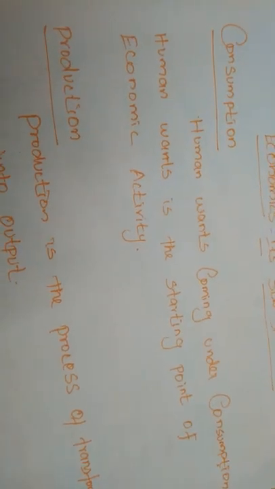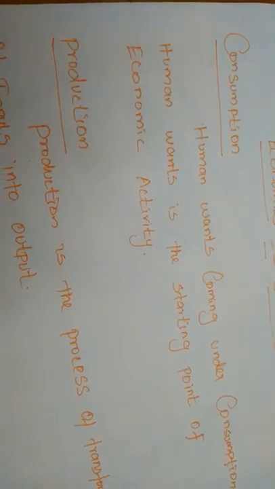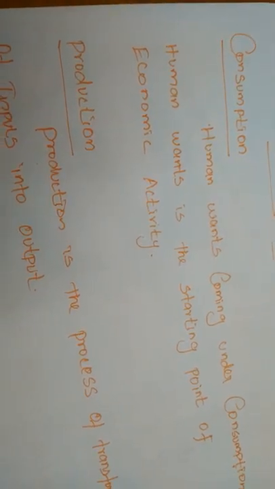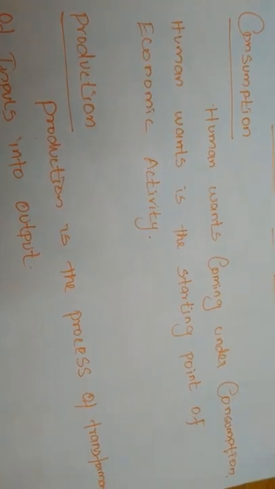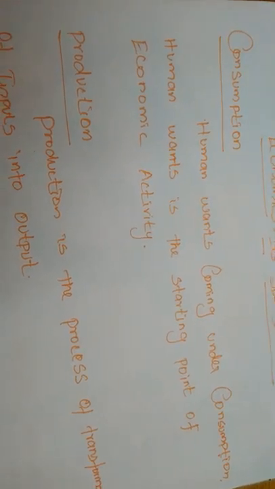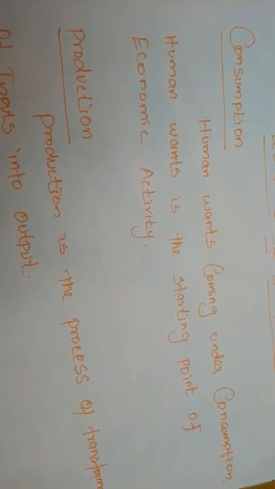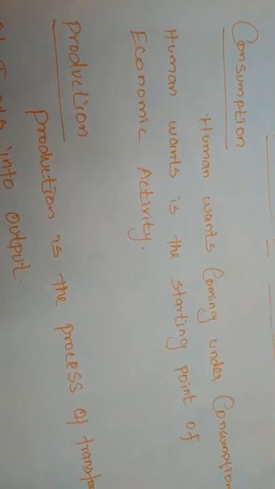If there is no human want to consume commodities, there is no need to produce commodities. The satisfaction of consuming commodities, arising in the human mind, leads to economic activity, right?